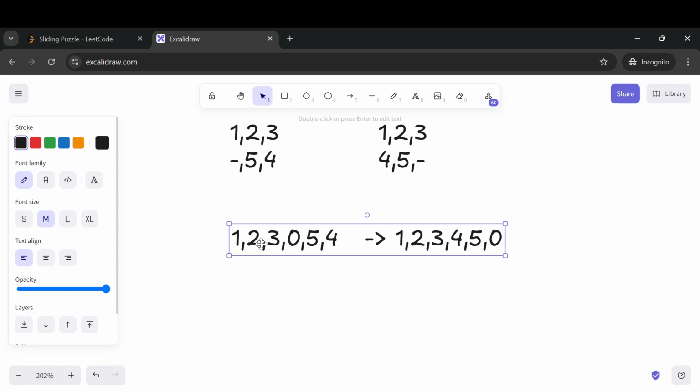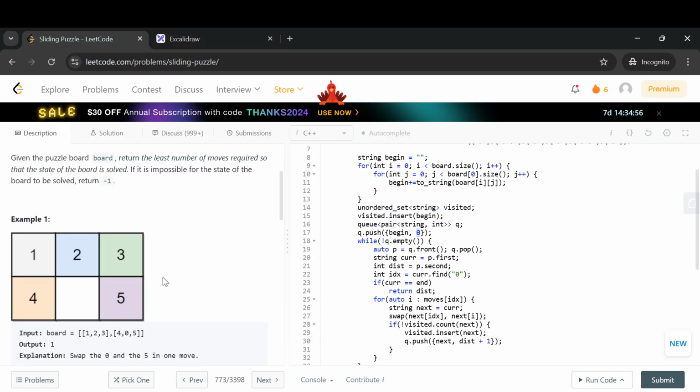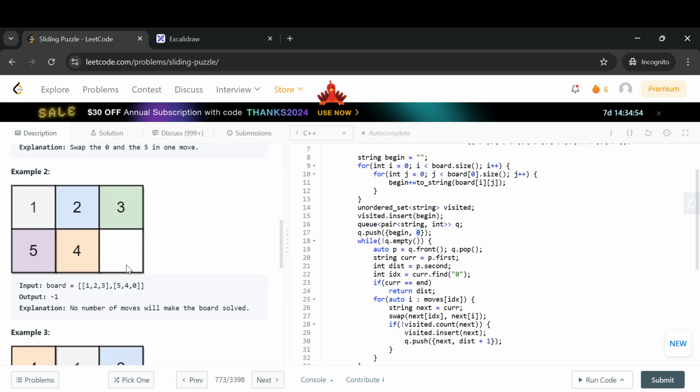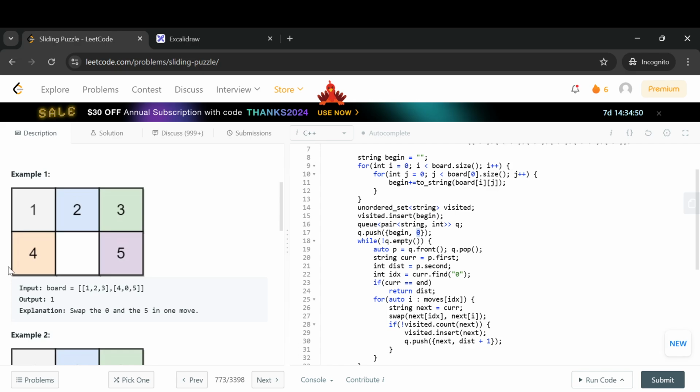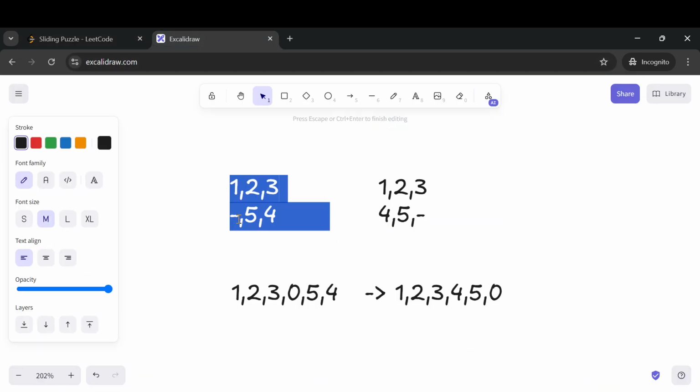So, in this scenario, let's look into an easier example so that we solve it a little earlier as well. So we have a matrix 1, 2, 3, and we have a 4 here, and we have a 0, and we have a 5 here.